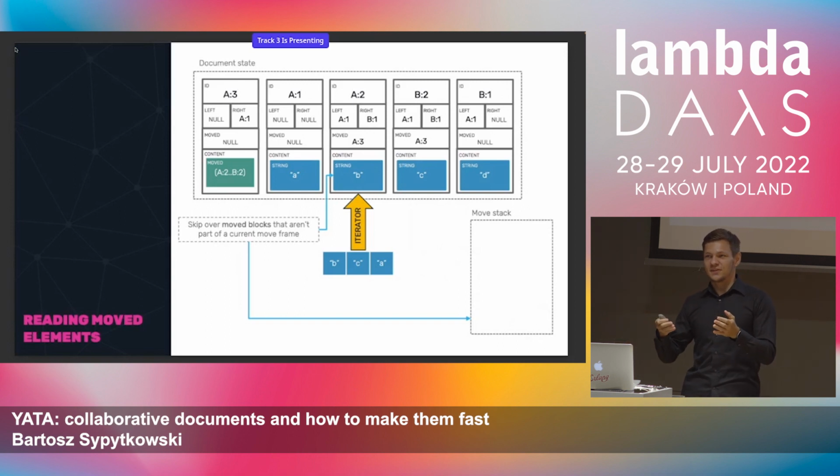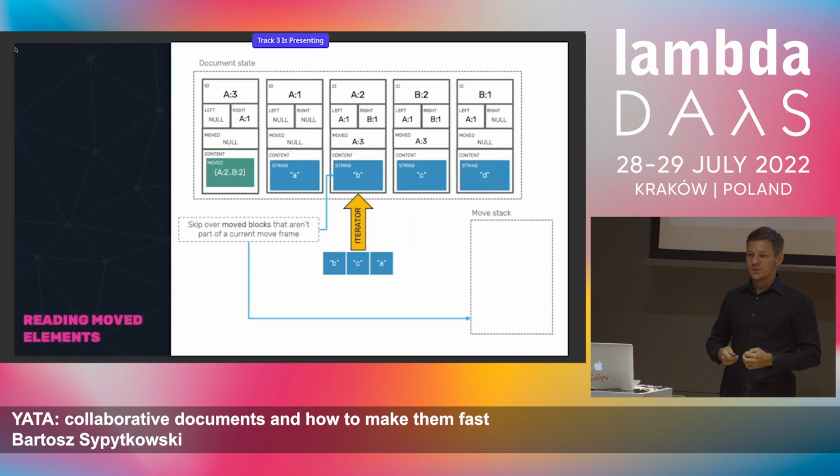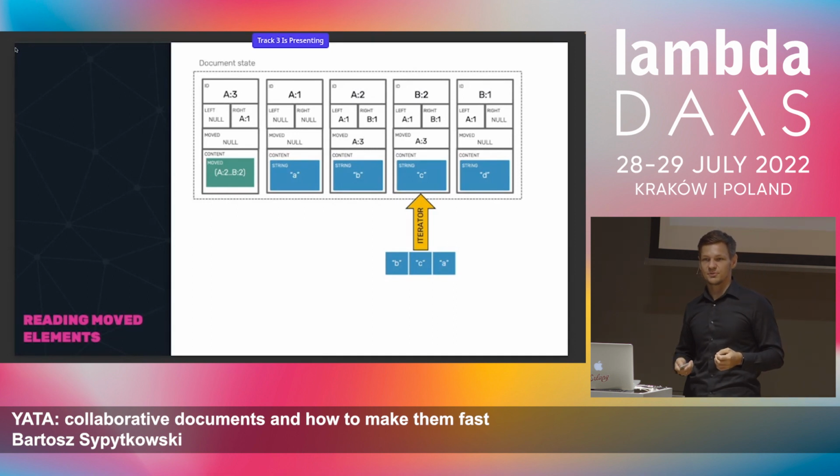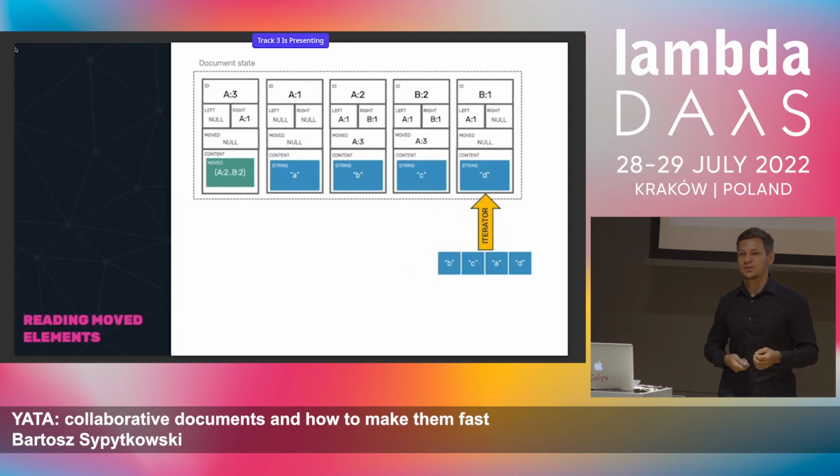Actually, if there were a different move frame of a different type, it would also mean the same thing. So we can just skip over it and over the next block as well, because it also has been moved already. Then we reach the last block, and we can read the D.